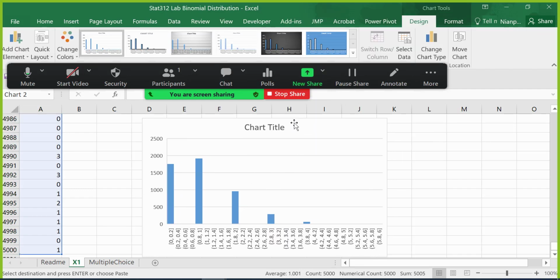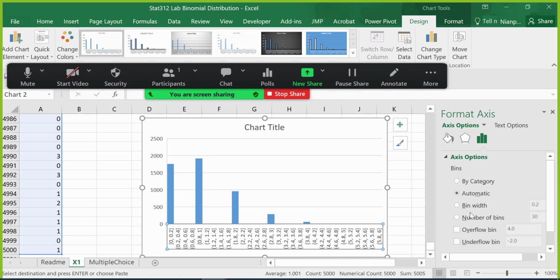So this is something you don't want. You double click.